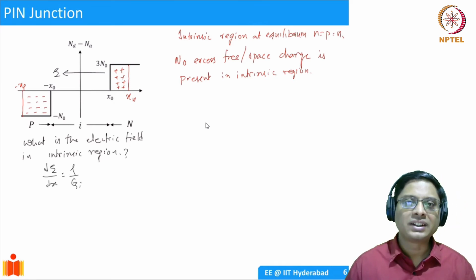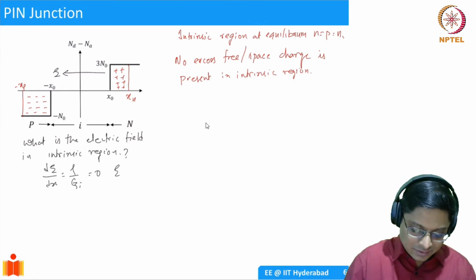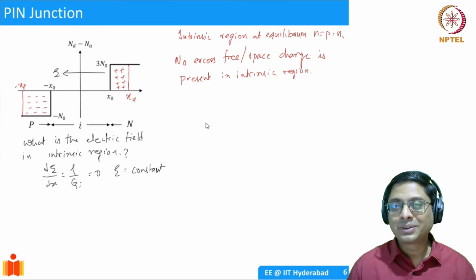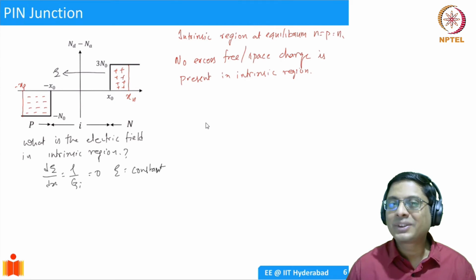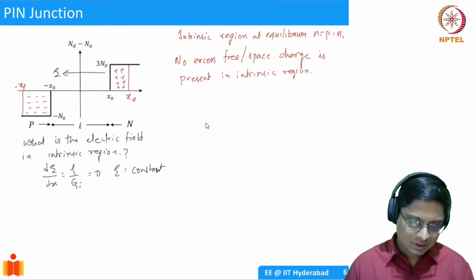What is rho in the intrinsic region? Rho is 0. So the E field is constant. Will this constant be 0, or will it be something you have to think about? We'll come back to that. This is in the intrinsic region.